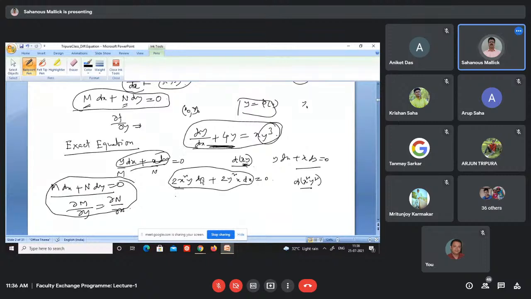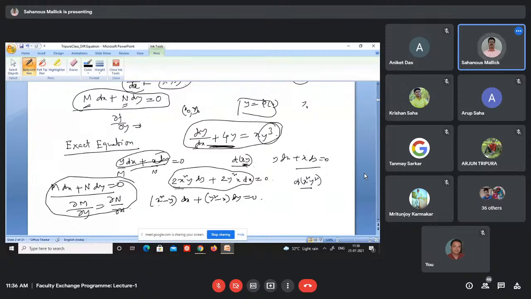And now we give an example of such an equation as (x² minus y) dx plus (y² minus x) dy equals to 0.